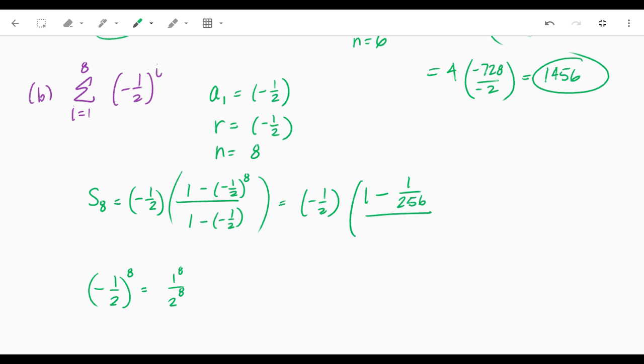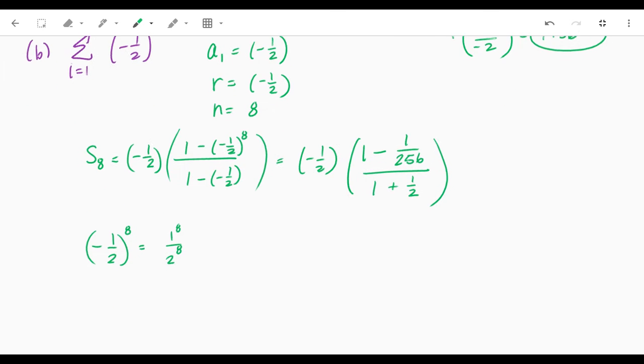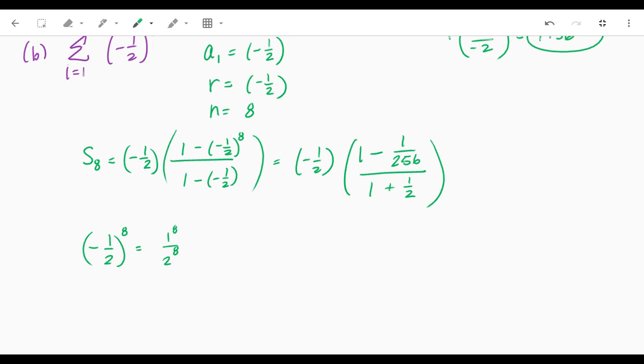And then we have a double negative in the denominator, so that'd be 1 plus 1/2. Okay. So the next thing we can do then is negative 1/2, 1 minus 1 over 256, so that'd be 256 over 256 minus 1 over 256.